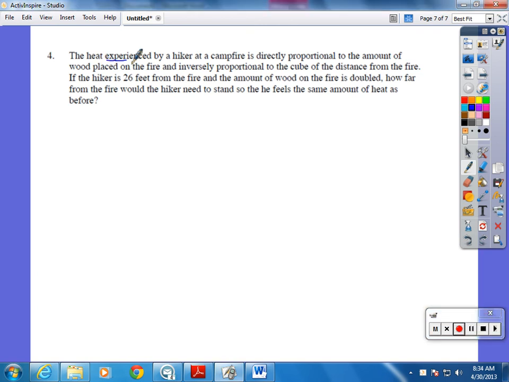First of all, the heat experienced by the hiker. Let's give that a variable. H, okay, is directly proportional. That means varies directly. That means K times the amount of wood on the fire. So what are we going to call that?